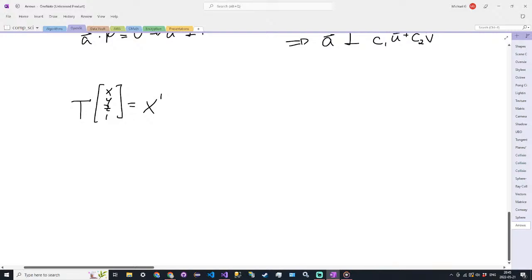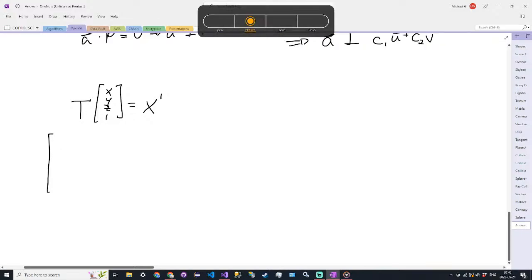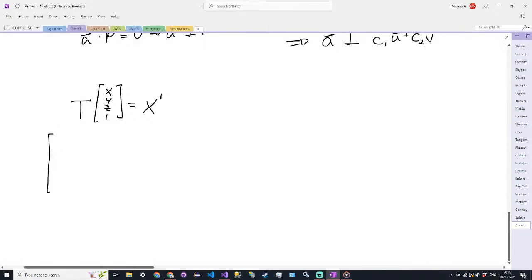If we expand the columns of T, if we say, not a, we'll say T1, T2, T3, and then we'll also say T4.